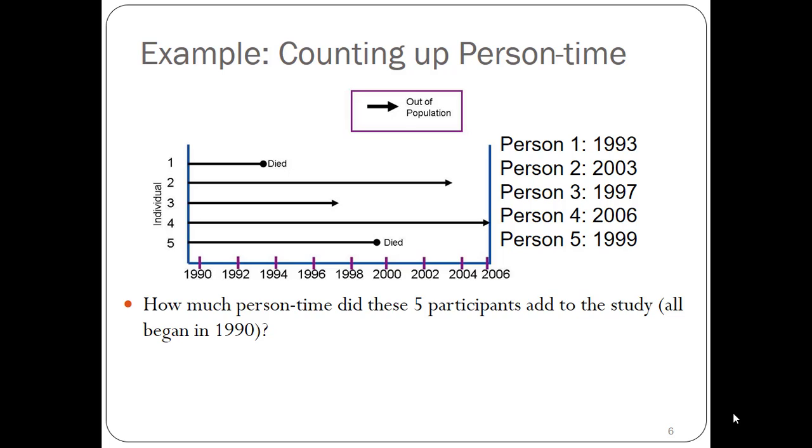Consider this example. Here we have 5 participants added to the study. All began in 1990, and you can see that the first person contributed 3 years, the second 13, the third person contributed 7 years, the fourth person contributed 16 years, the fifth person contributed 9 years, to give a total of 48 person years.